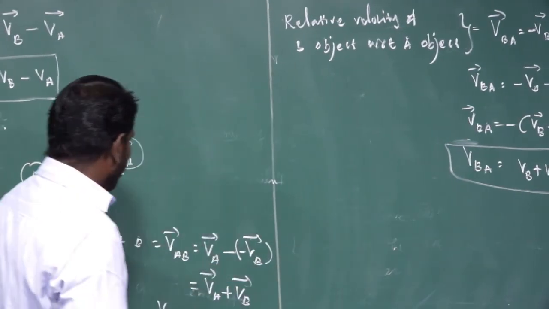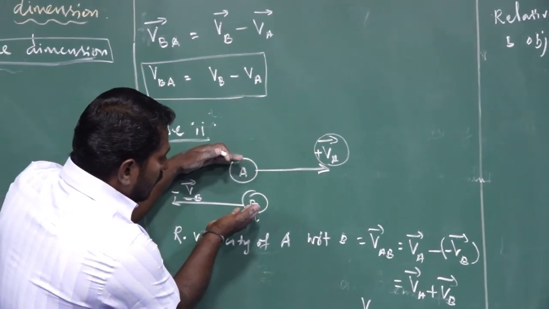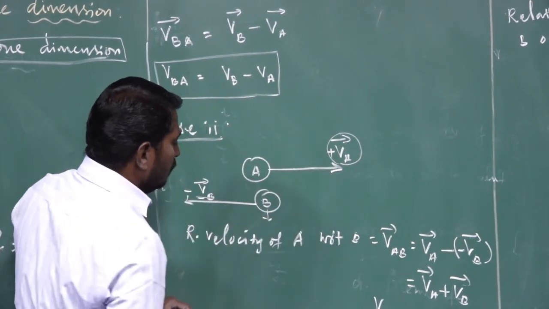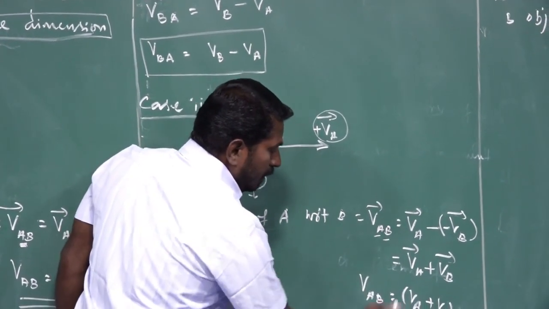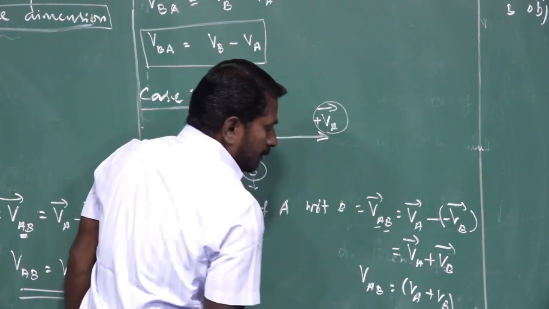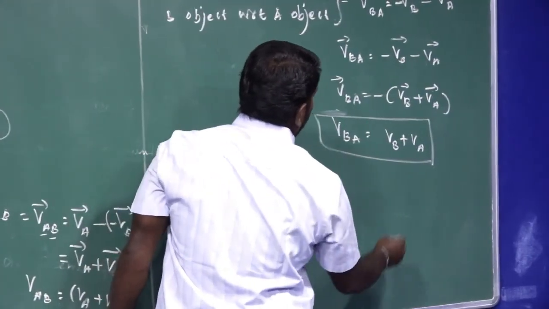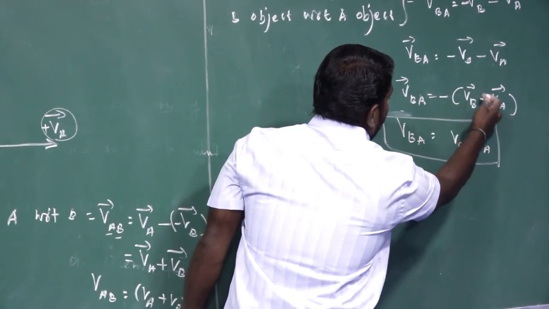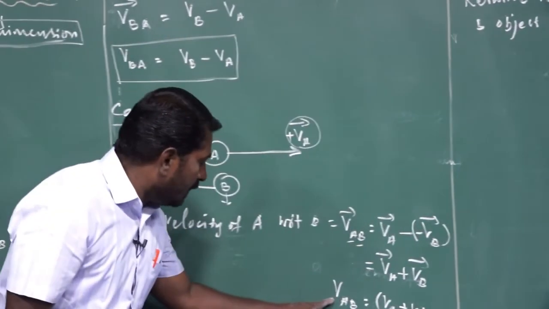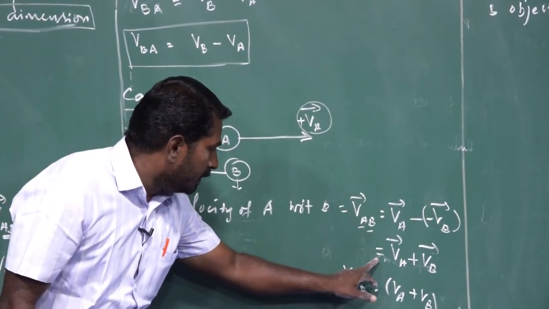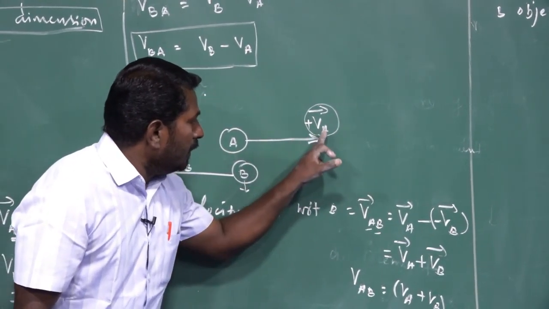So in case 2, both objects traveling along a straight line in opposite direction with different uniform velocities, the relative velocity of A object with respect to B object is VA vector plus VB vector. Then the relative velocity of B object with respect to A object is minus of VB vector plus VA vector. Commonly, for the relative velocity of A object with respect to B object, the relative velocity direction is the same as the direction of A object.